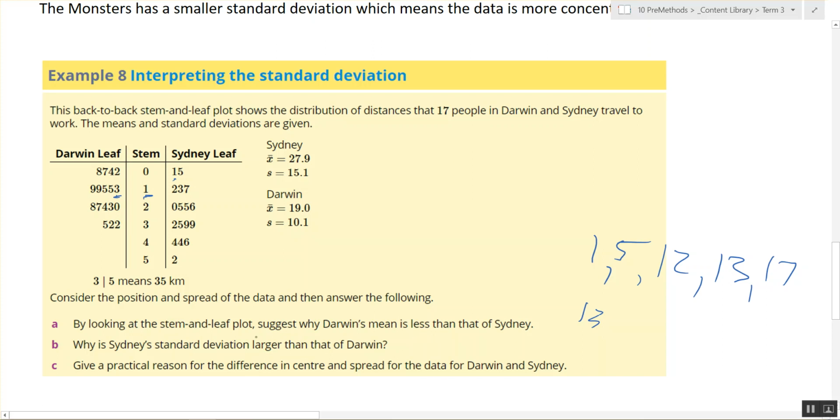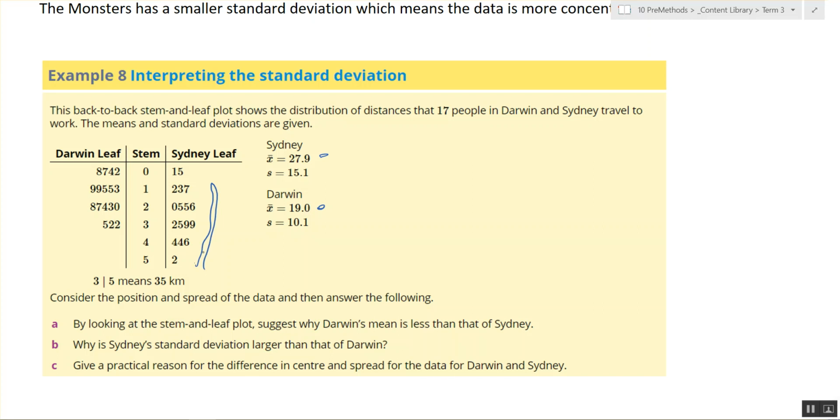Okay, so looking at this, why do you think, hands up? Darwin's mean is less than Sydney's because Sydney's is more spread out. So it has more larger values, and that raises the mean up, and it also spreads out the standard deviation.